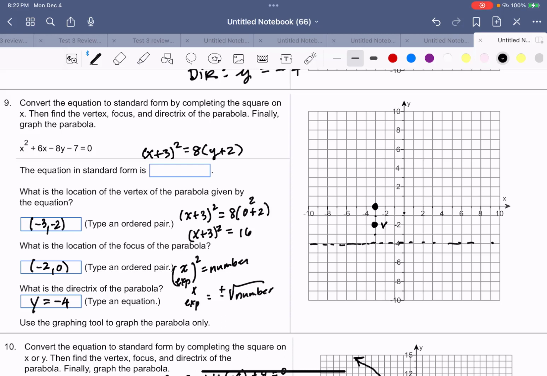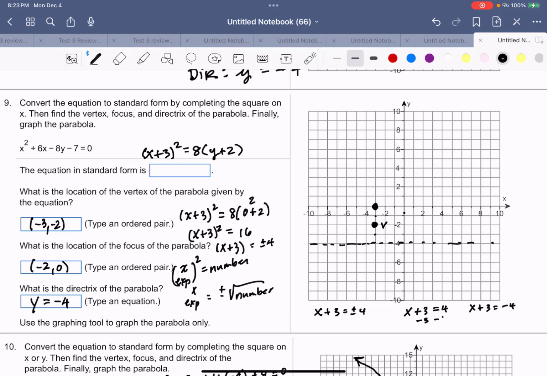So I'm going to have x plus 3 equals plus and minus 4, because that's the square root of 16. So x plus 3 equals 4, x plus 3 equals minus 4.